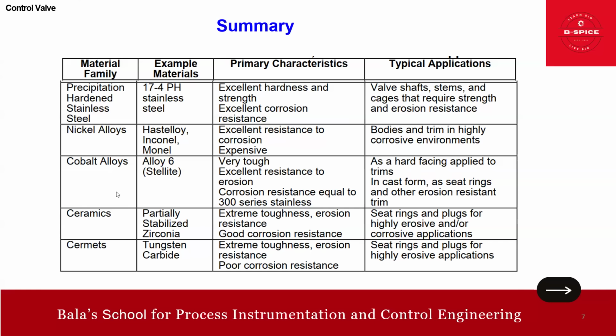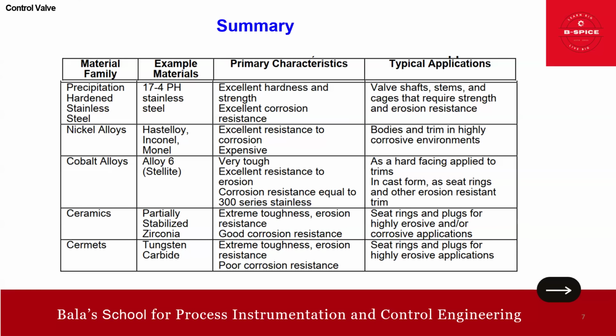Then ceramics: the material is basically partially stabilized zirconia. We use this for extreme toughness, erosion resistance, and of course good corrosion resistance. Again, we use this for seat ring, plug, or highly erosive and corrosive applications. It's an extreme case.